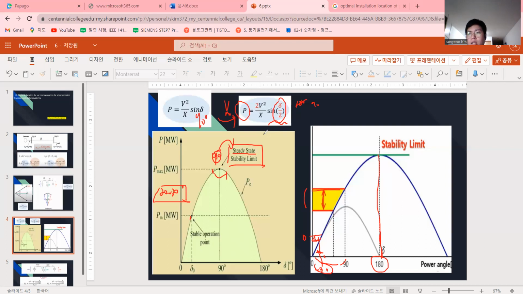But if we say, oh, it's a really good thing to install the var compensation at just the middle point, there are also pros and cons. The pro is, as I said, the angle is increased. The stability is more stable. You know what I mean? Since we could add more angle, and then we could send more power, active power, I mean.